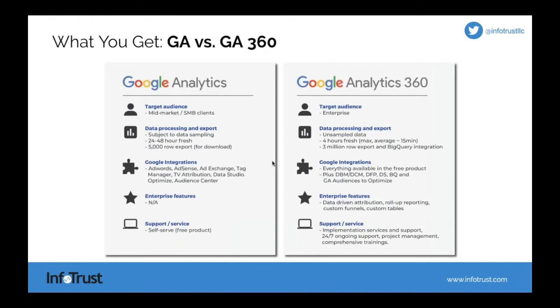You do have a service level agreement with Google that has a few things outlined in it. I'll also present on these in a few slides. But the data is going to be at least 4 hours fresh, that's guaranteed, but generally it averages closer to 10 to 15 minutes in the interface. You get an integration with BigQuery, so you can pull out unsampled data into BigQuery to do some things with, and a number of other things.